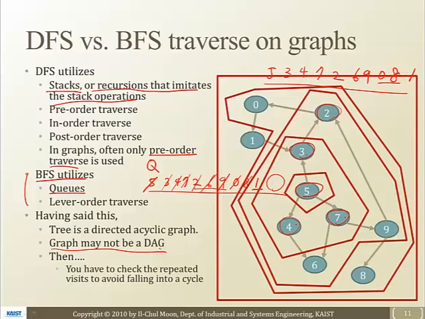So there is only one thing different between the tree traversing and the graph traversing. You only have to check the repeated visits to avoid falling into cycle. That's the only difference between tree and the graph traversing.